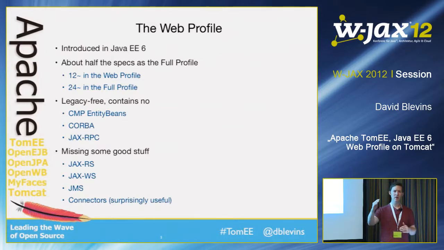So what we did was we created the web profile. The web profile's goal is to be the minimum set of functionality that you would need or would want to use, and app server vendors and everybody should be able to just start with this minimal set of functionality and go up from there.